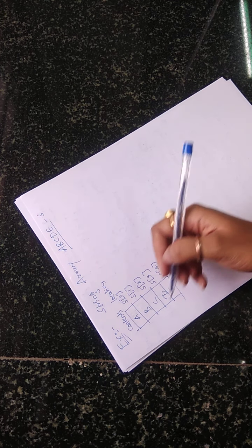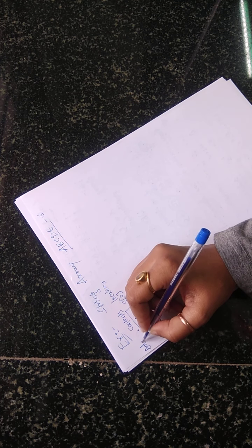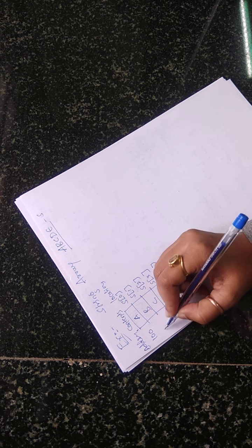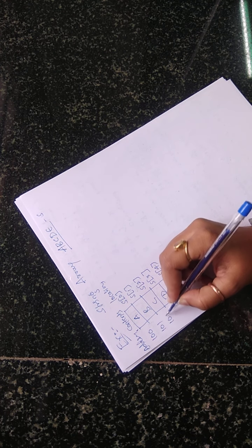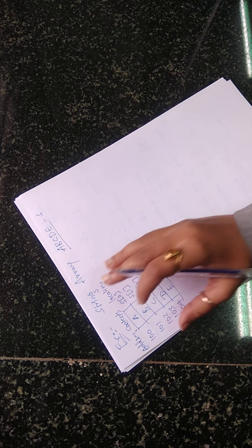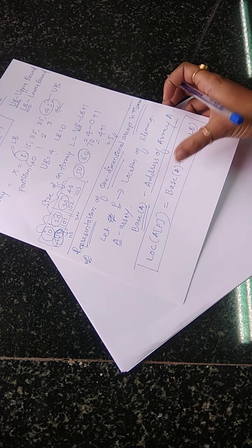We'll give the locations, that is the memory addresses, normally like 100, 101, 102, 103 and 104. Now consider this example and we'll try to find the memory location using this formula.